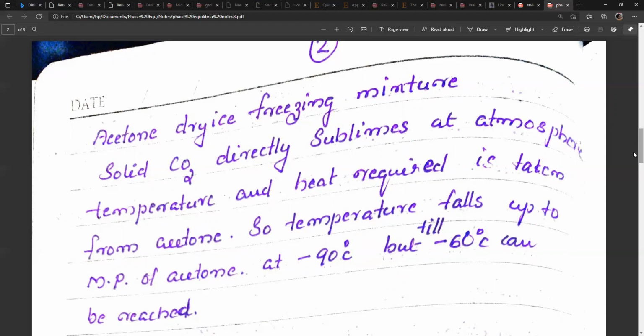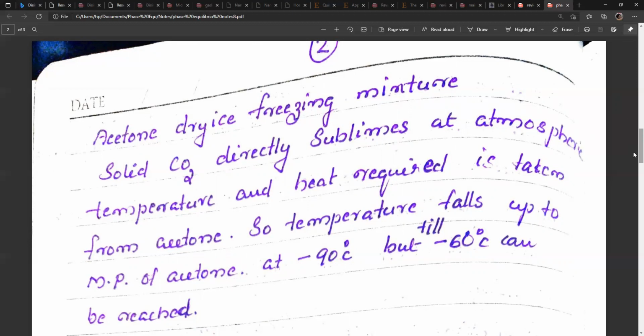The importance of freezing mixtures is that reaching a lower temperature with high energy is a very expensive process. If you want to reduce temperature to -4 degrees centigrade itself, it will be a very expensive process.